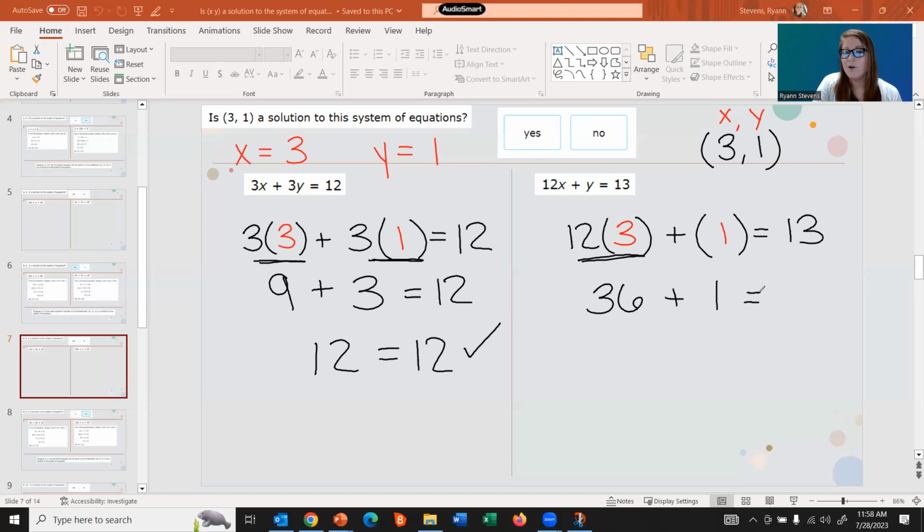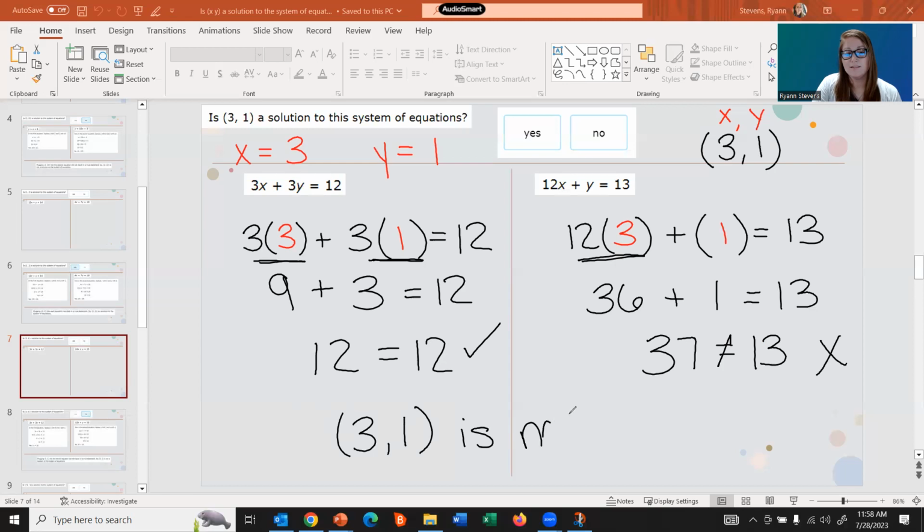There's nothing to multiply, no coefficient attached to the variable y. So we just bring down the 1, is equal to 13. And then 36 plus 1 is 37. This results in not a true statement, which means 37 does not equal 13. It's never going to equal 13, which means our ordered pair (3, 1) is not a solution to this system of equations.